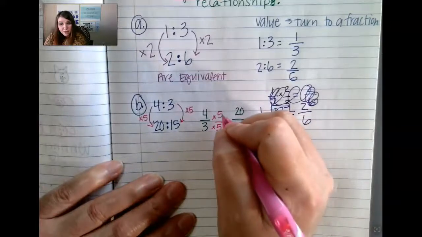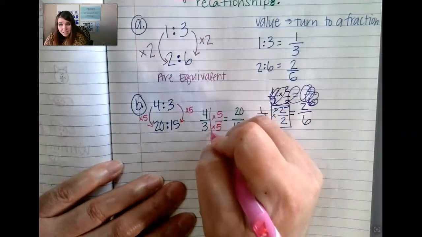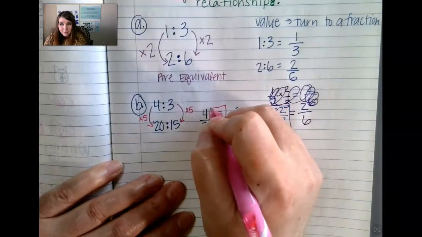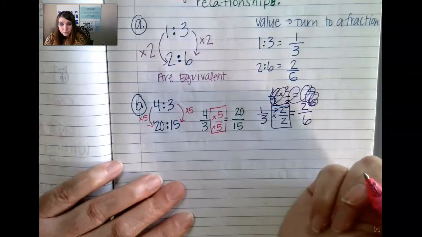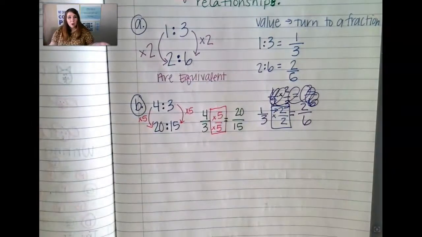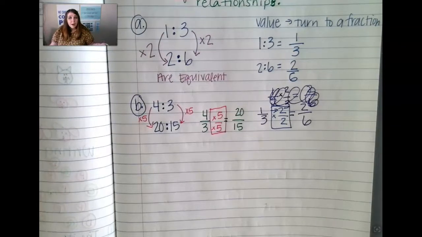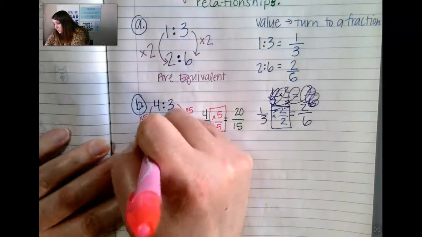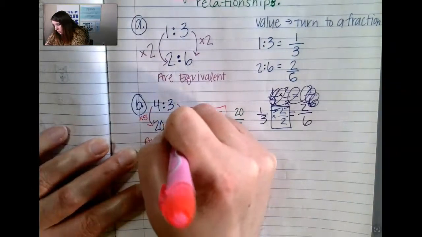So because I have 5 over 5, it's equivalent. It's the same fraction. Okay, so these are the same ratios. So we're building on what we learned way back when we were talking about equivalent fractions. Now we're taking them and setting them to ratios. So these are equivalent.